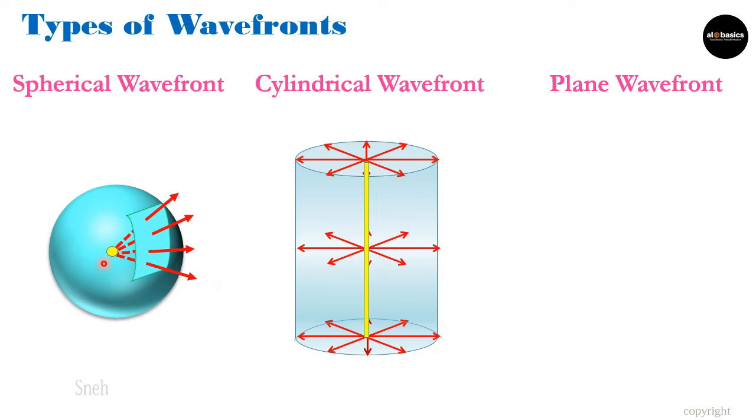So with a point source, for a nearby distance, what sort of wave did I get? Spherical wave. Now for the linear source with a short distance, I have a cylindrical wavefront. These are for the short distance.